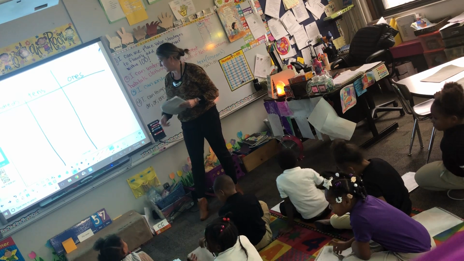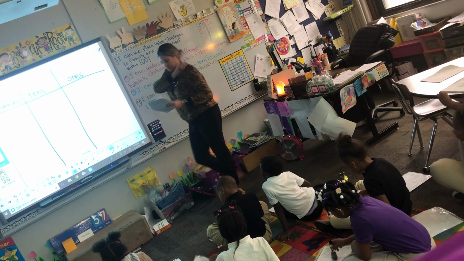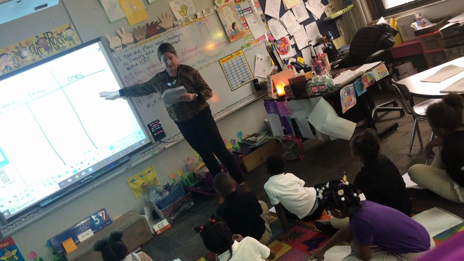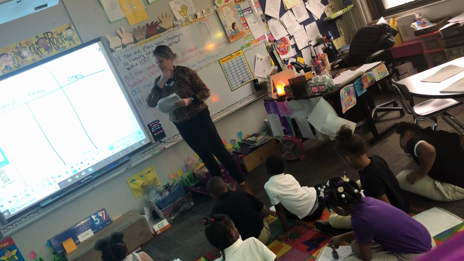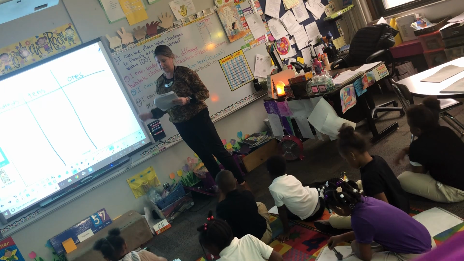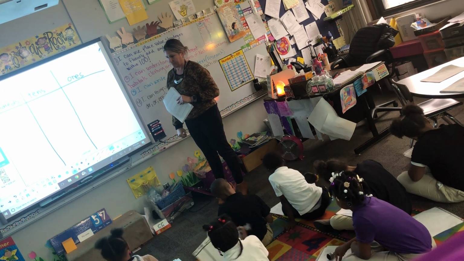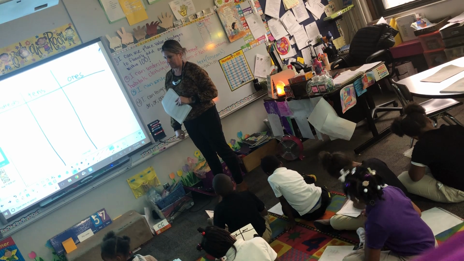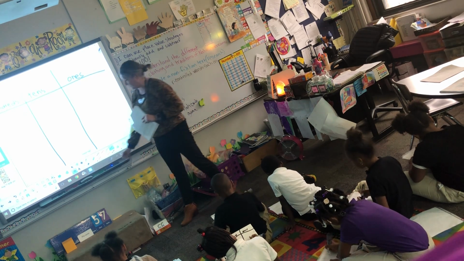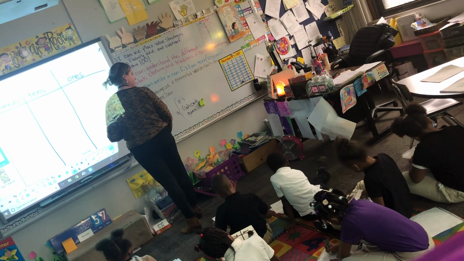All right, right now we're going to be working with the 10s and the 1s, okay? I want you to draw five ones, and try and keep them in order like we've been doing.